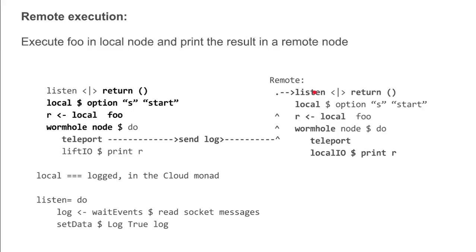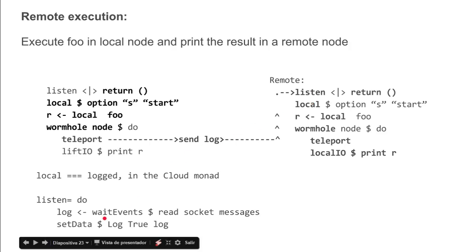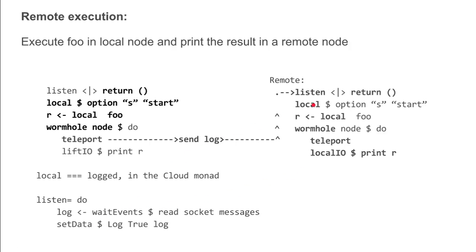So local will be executed because listen has returned something, and the thread generated from this branch by wait events executes local, which gets the option from the log because it was logged here. Then it executes the second local, which gets the error from the log.